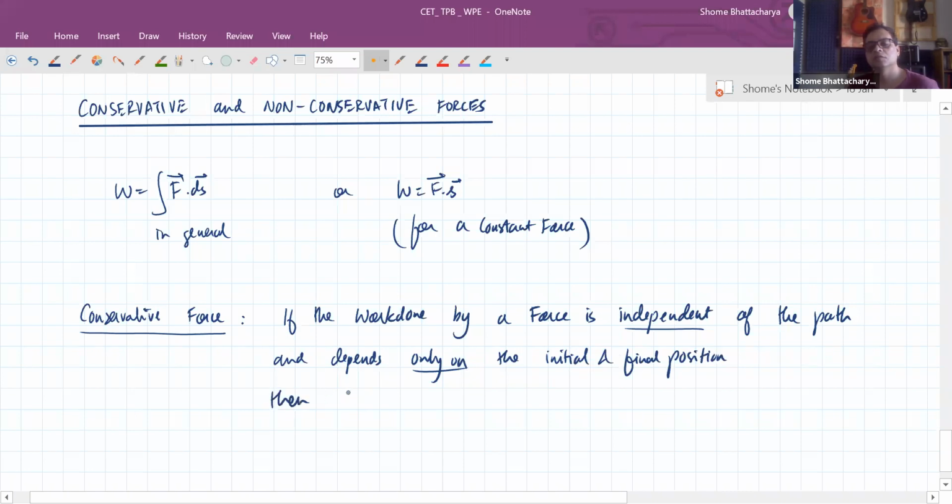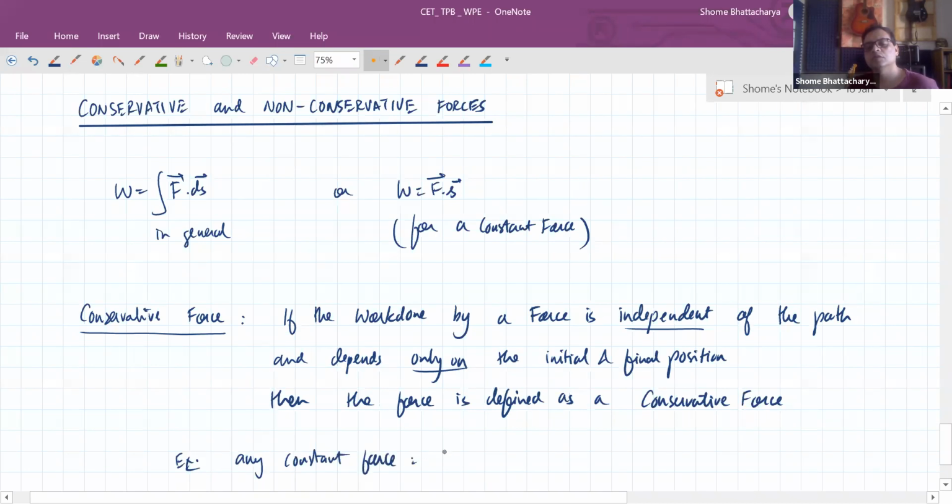Then the force is defined to be a conservative force. That's the meaning of the term conservative. One example of this is any constant force. The work done is F dot S, so you can see that it is path independent. I'll show you with a numerical example next, but first note down this definition.